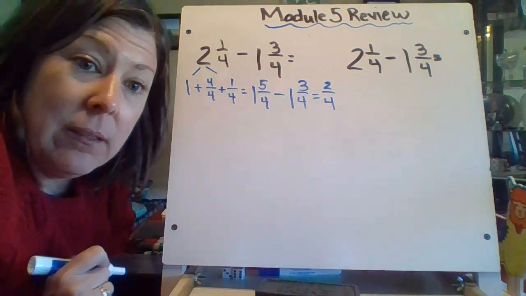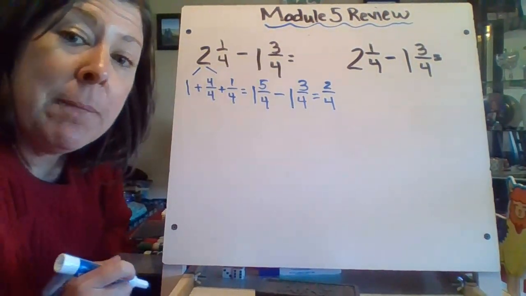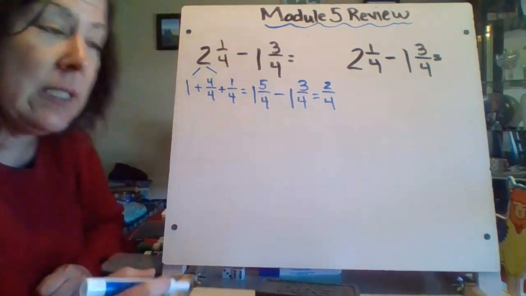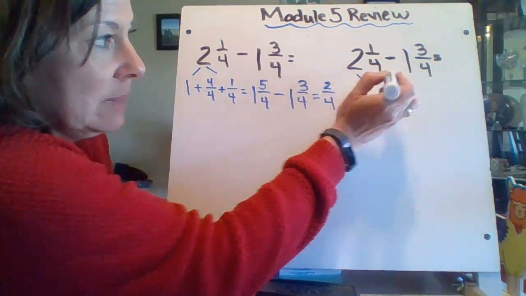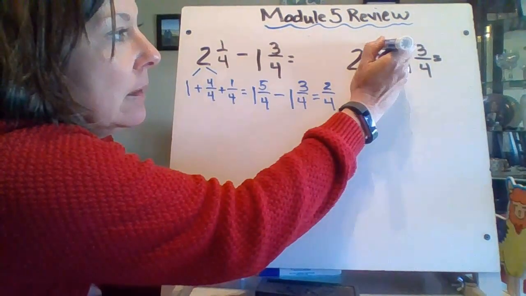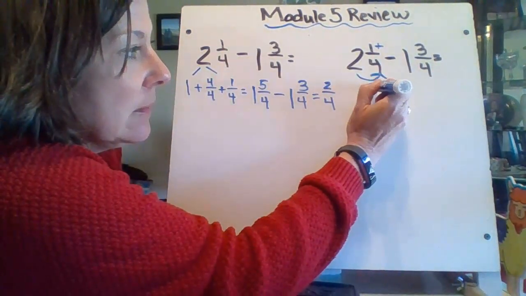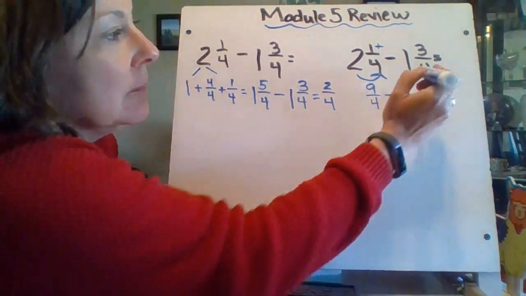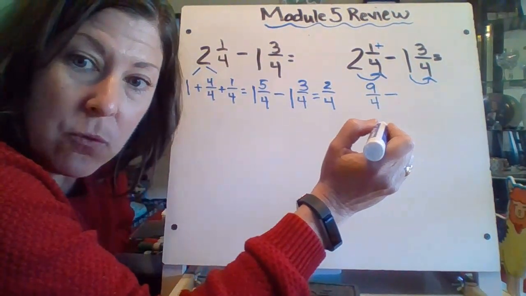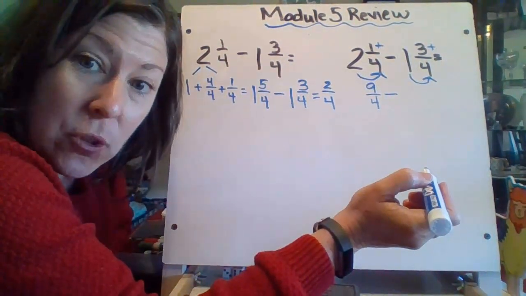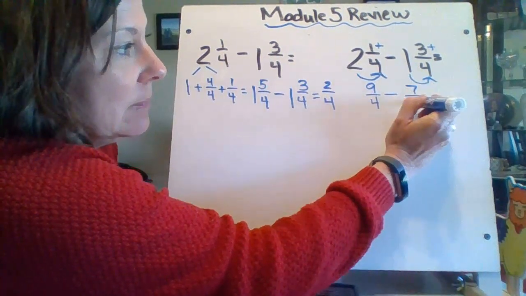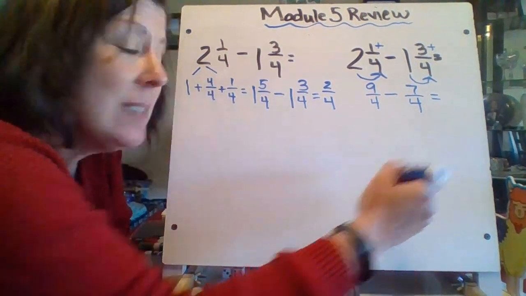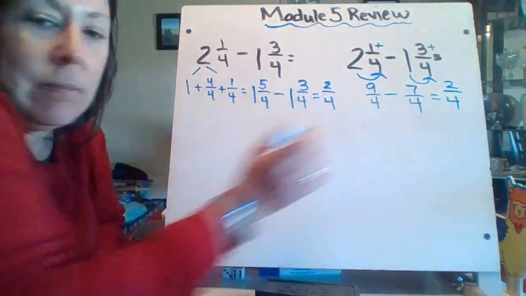Now, another option or another strategy you can use is by changing the mixed numbers into improper fractions. 2 times 4 is 8, plus 1 is 9/4, minus 1 times 4 is 4, plus 3 is 7/4, and 9/4 minus 7/4 is 2/4.